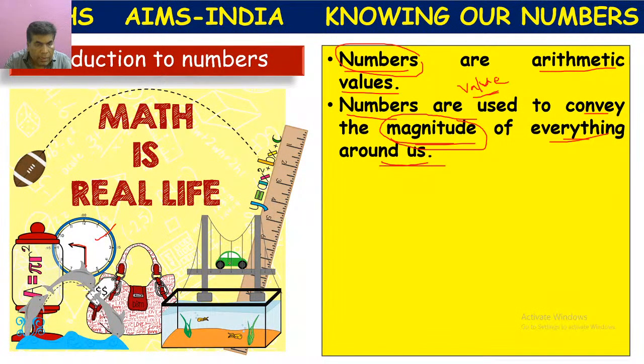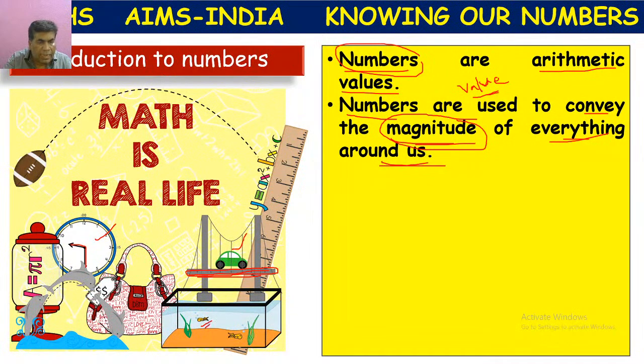Or here the car is moving on the bridge. If I want to tell with what speed it is moving, or what is the length of this bridge, I have to take the help of numbers.